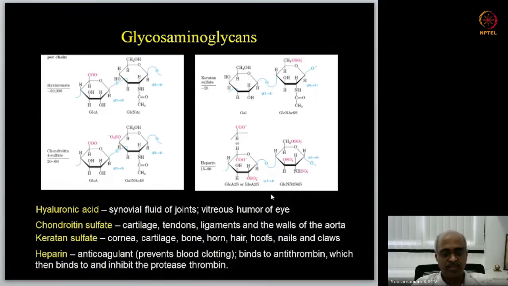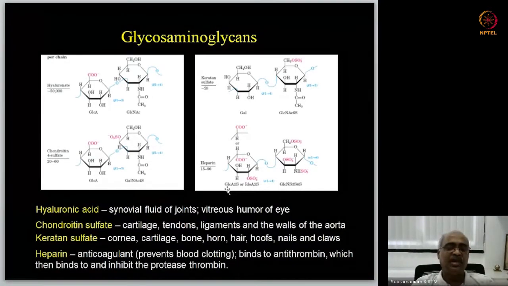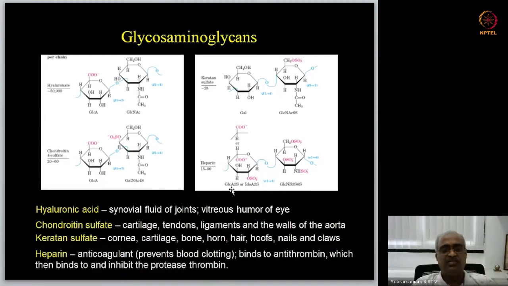Okay. So iodose is one of the isomers, epimers, of glucose. So here you have either glucosamine, the sulfated glucose, or glucuronic acid. GLCA is glucuronic acid with two sulfate groups, on carbon 2 as this name indicates.